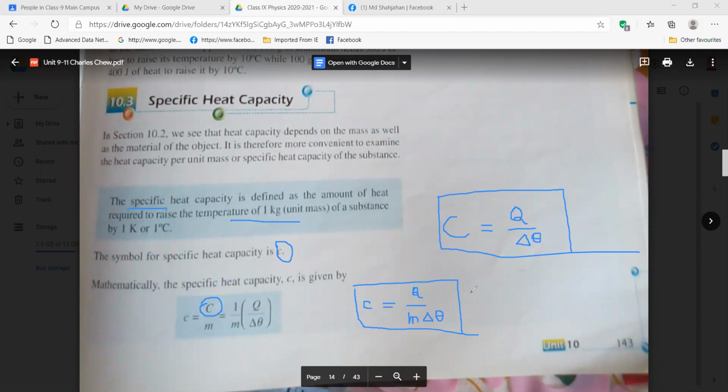So, is it clear, the difference between heat capacity and specific heat capacity, to everyone?